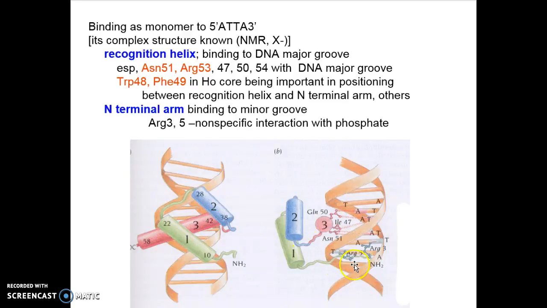This is a side view, showing some specific interactions between the two components.